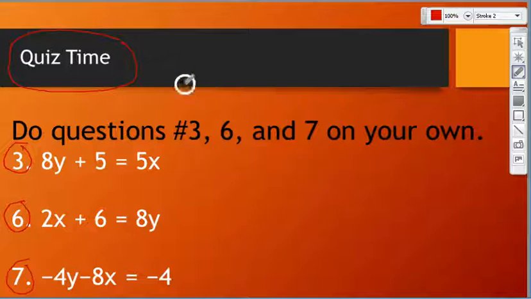Remember, you are putting these equations in standard form, and then you are identifying the A, the B, and the C. Okay, so number 3, 8y plus 5 equals 5x. Number 6, 2x plus 6 equals 8y. And number 7, negative 4y minus 8x equals negative 4.